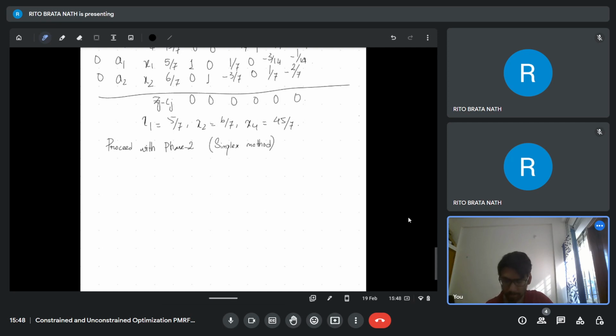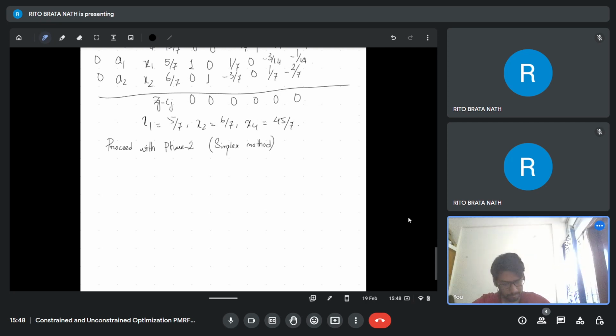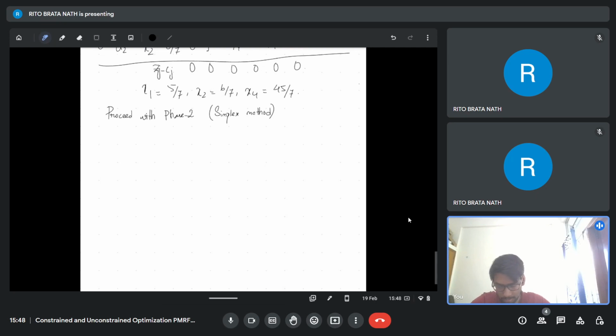Yeah, you might notice something interesting. So here, while trying with this min ratio test, if every ratio turns out to be negative, then that means you have an unbounded solution.